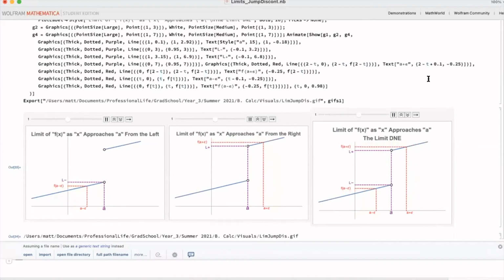Our limits don't agree. So in this way, we're saying we don't have a limit, but we do have one-sided limits. Coming from the left, our limit is L negative. Coming from the right, our limit is L positive. Does this visualization help a little bit?